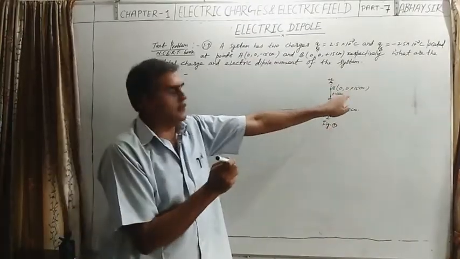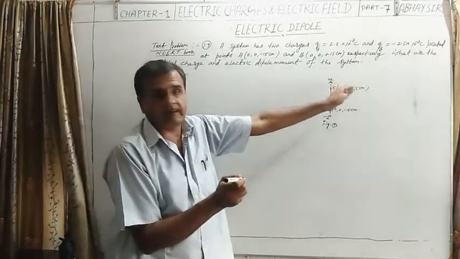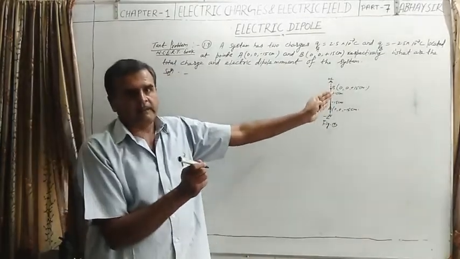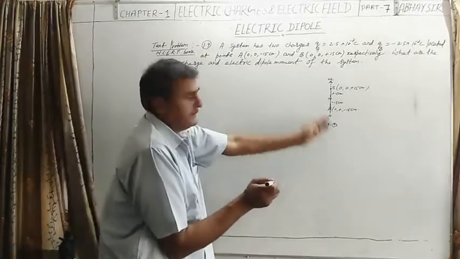The x and y coordinates of both points are 0, so I have not taken the x axis and y axis. There are only the minus z axis and plus z axis.